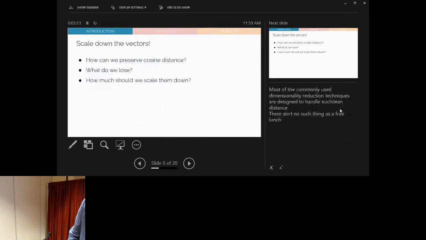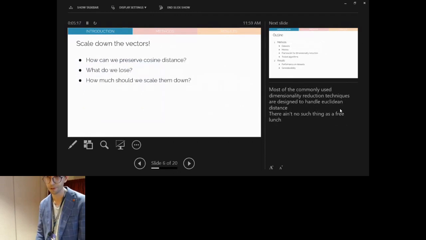And the obvious solution to this problem would be to just scale down the vectors, because as you have seen in the cosine similarity equation, the number of computations that we have to do is proportional to the vector length. So the shorter they are, the less computation we have to do. However, how can we do that so that we preserve the cosine distance?